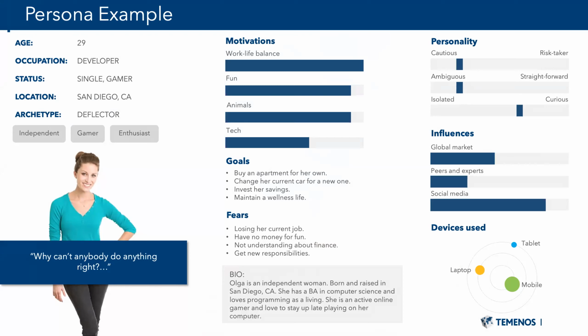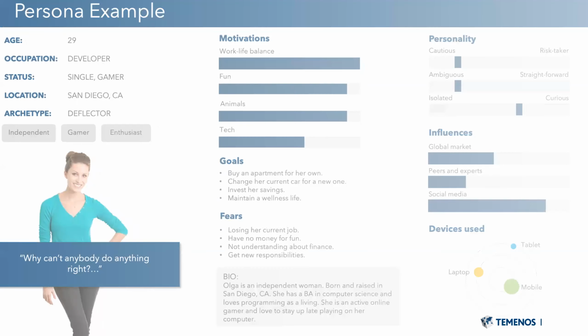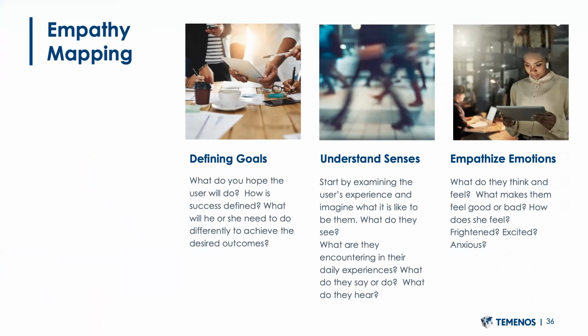In this case, it's a person who is in California, has a fundamental education, and then we understand what their personality is. This helps as we do what we call empathy mapping. We use that persona to define goals, understand senses, and empathize with those emotions.